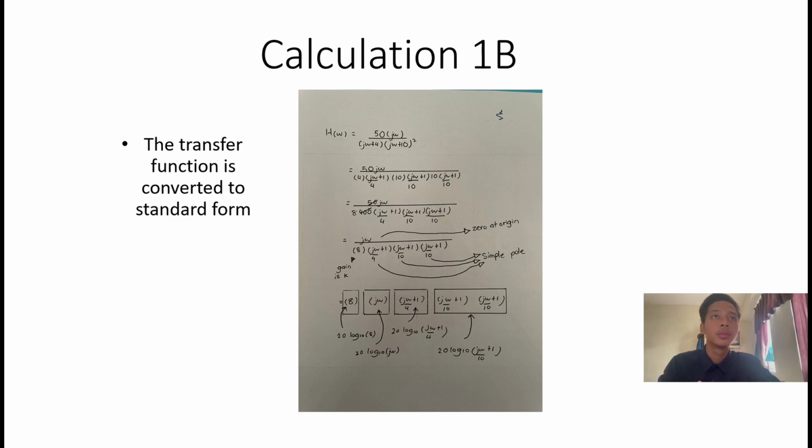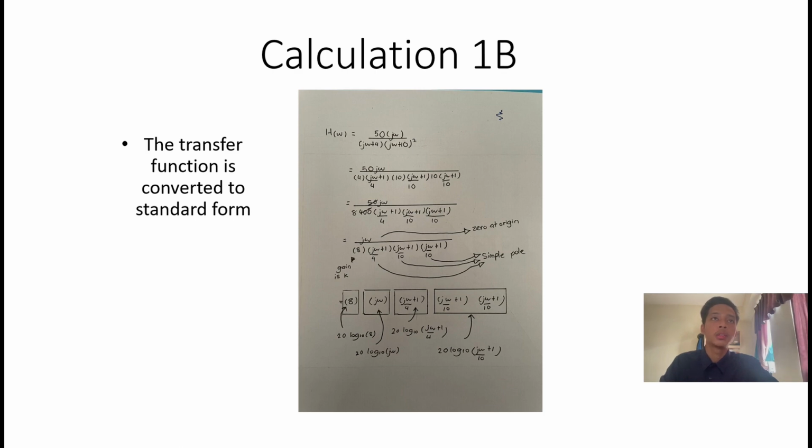We multiply 4, multiply 10 and multiply 10, and they become 400. So the next step, we got a zero at origin.